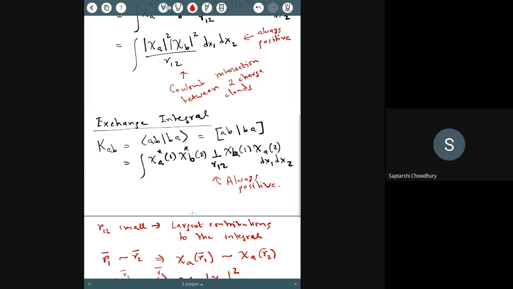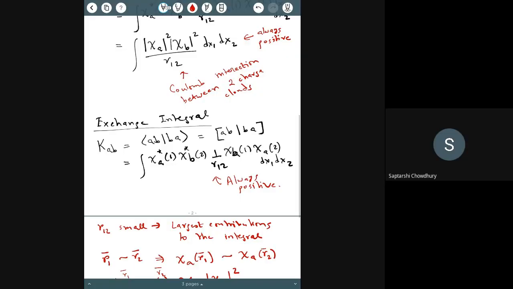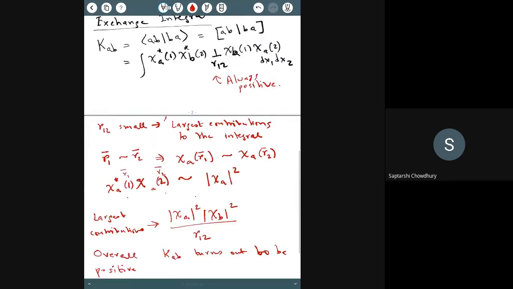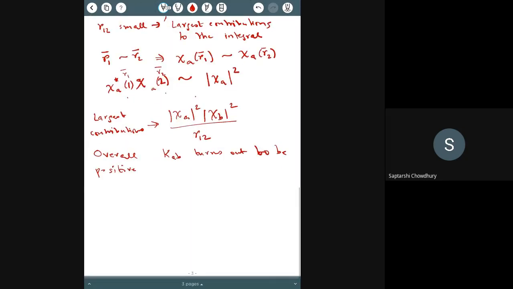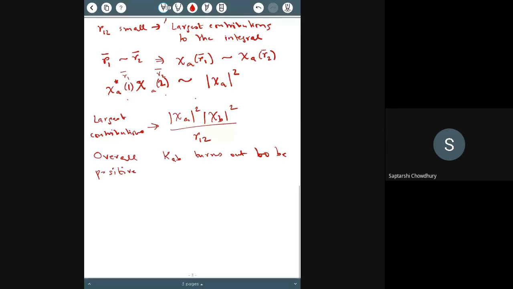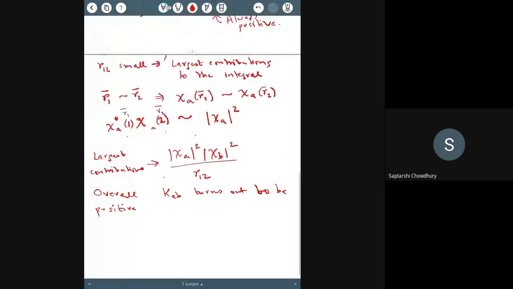If you consider the integral as a sum over small elements, as you would do it numerically, for example, then every contribution is positive. But for the exchange integral, the largest contributions are positive and they overwhelm the negative contribution. Okay, that is an important difference between the two.